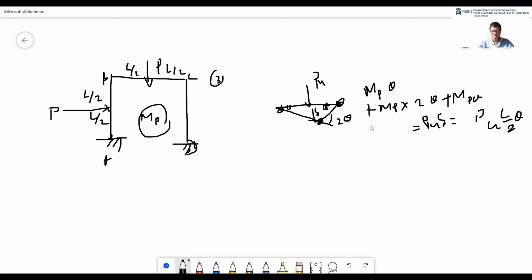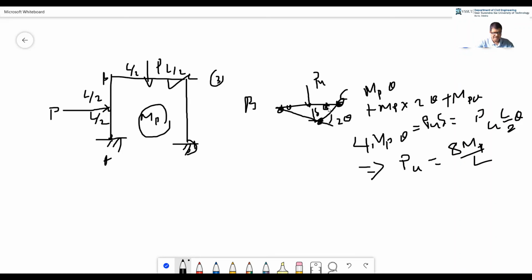We find this comes out to be 4 MP theta, so Pu is equal to 4 into 2, 8 MP by L. So this is the mechanism for this BC.